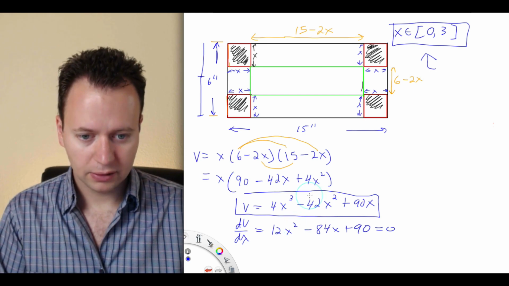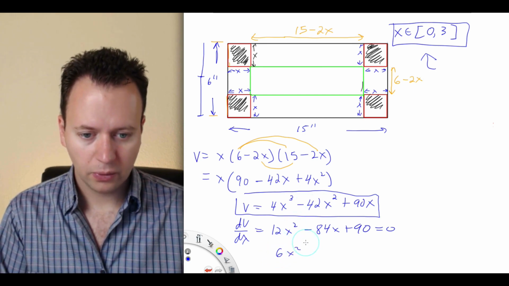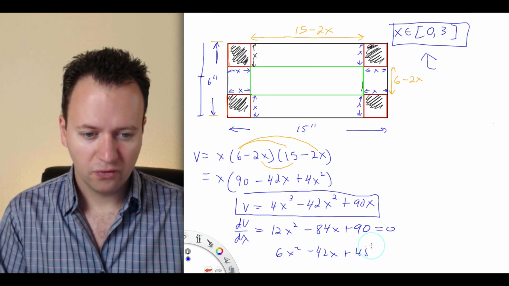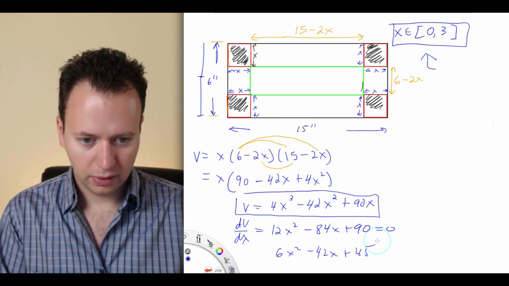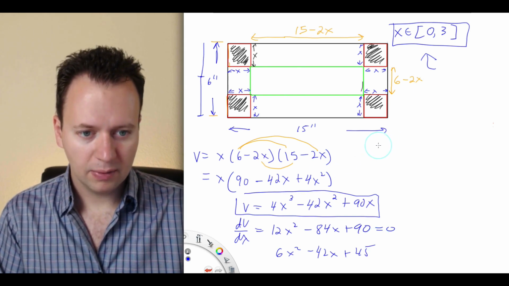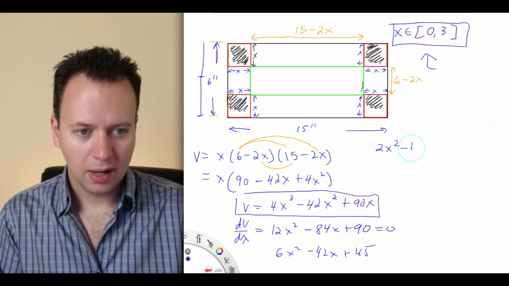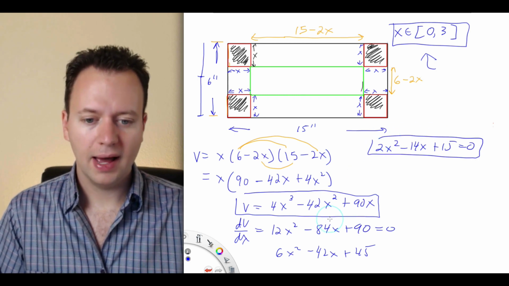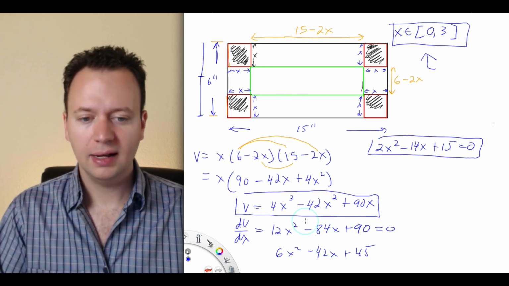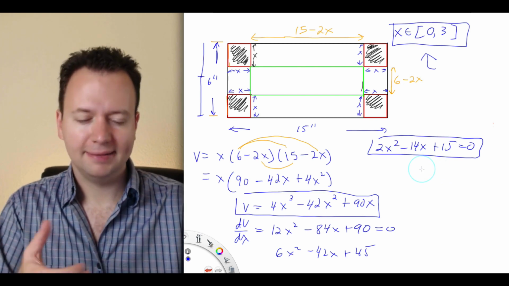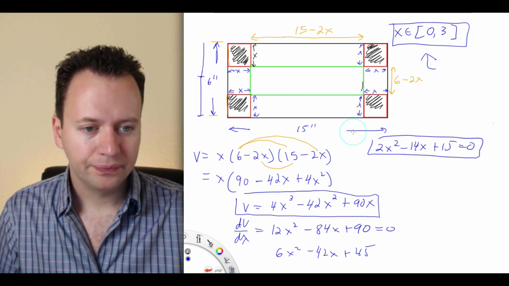If we divide this by 2, we get 6x squared minus 42x plus 45. 3 goes into everything, doesn't it? 42 over 3 is 14. So this is the same as 2x squared minus 14x plus 15 is equal to 0. So essentially I divided it by 2, then I divided by 3. So I divided this equation by 6. You don't have to do that, but why not?